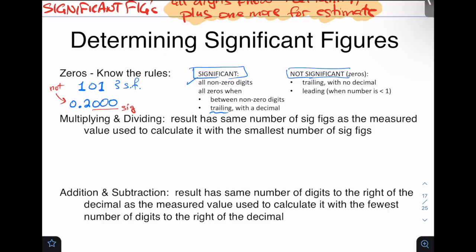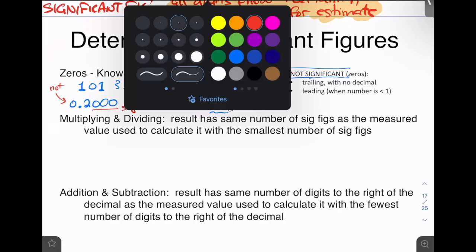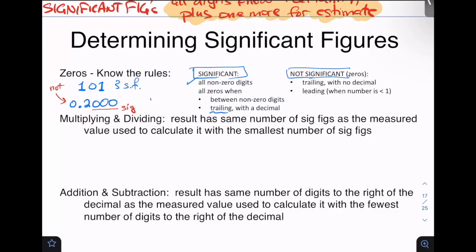For example, if I give you this number instead, 2,000, how many significant figures are in this number? There's just one, because there are 3 trailing zeros, but there's no decimal point, okay? They are just holding the place. It's telling you that the 1 sig fig, which is 2, is in the thousands place, all right?